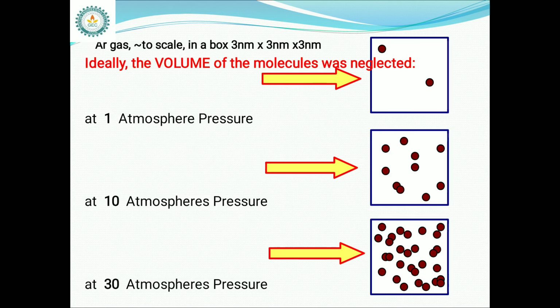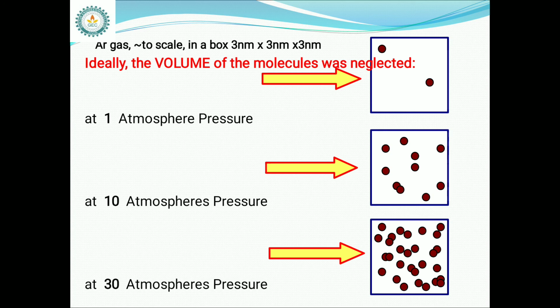Here is the basic example. Under three different pressures, at 1 atmosphere, 10 atmospheres and 30 atmospheres, you can send the gas into a square box. Under 1 atmosphere, you can observe that the gas molecules don't interact with each other; they move in free space. Under 10 atmospheres, the molecules become closer to each other.